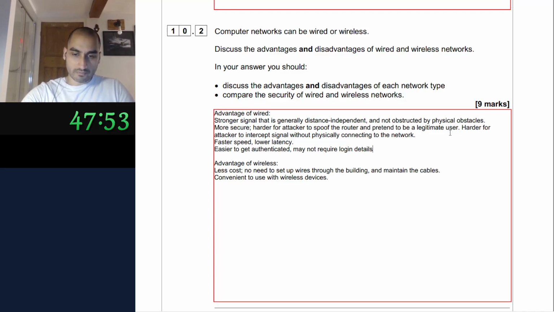You may still require, but generally you don't, the way they set them up. To access, is this the man in the middle attack? Let's just say that.